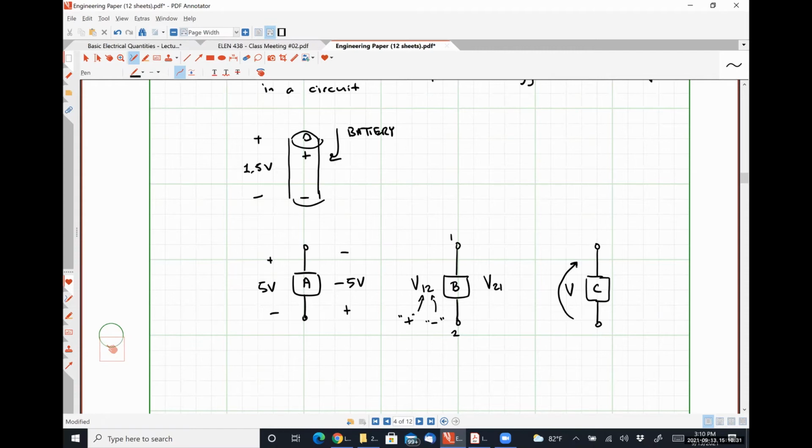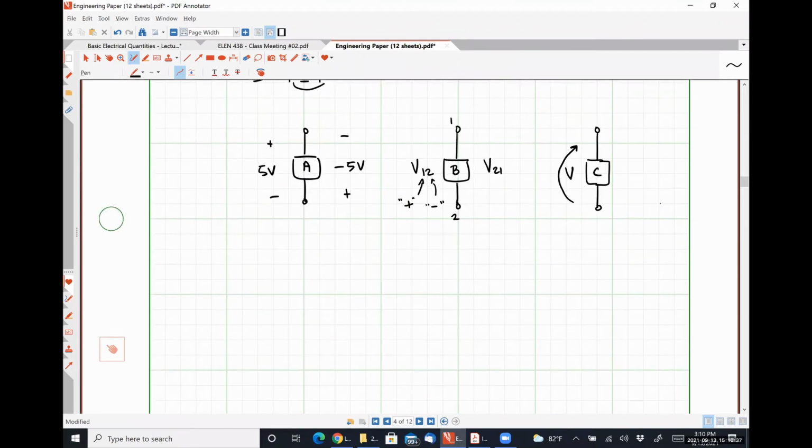All right, so let's talk about voltage sources now. So we know how to represent a voltage in a circuit. Voltage sources, there are going to be several. This guy is a battery.